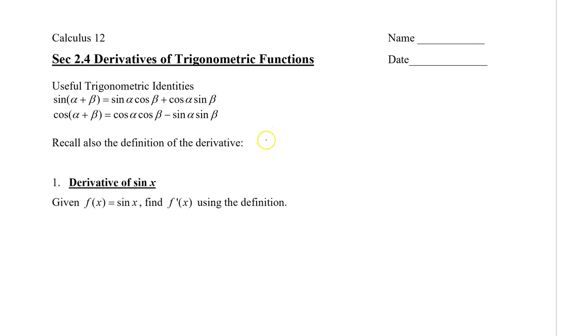That is, f prime of x is equal to the limit of f of x plus h minus f of x, all divided by h, as h approaches 0. So we're going to use the definition of the derivative to find the derivative of sine x.